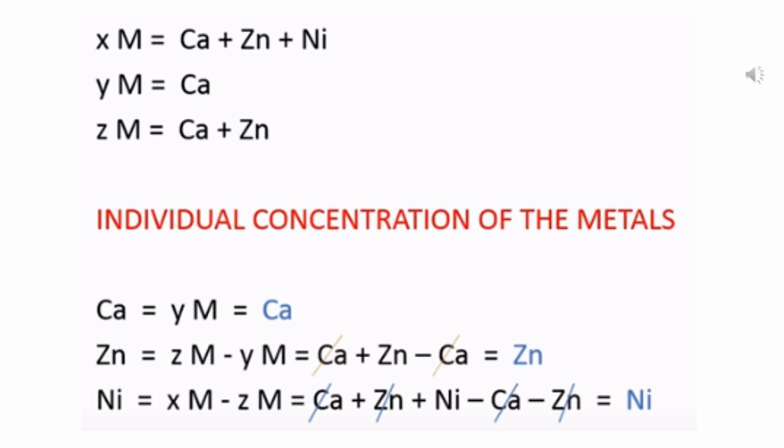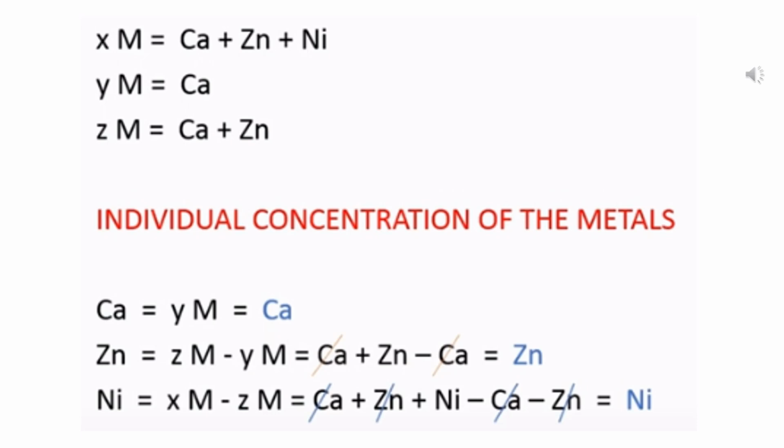Similarly, if you want to find the concentration of nickel, you subtract Zm from Xm. Xm is equal to the concentration of all three ions, calcium, zinc and nickel, and Zm is equal to the concentration of calcium and zinc.